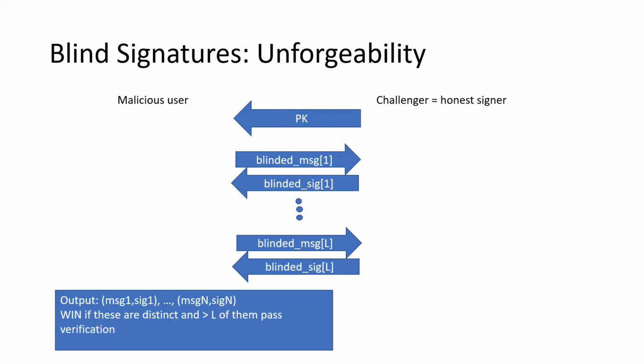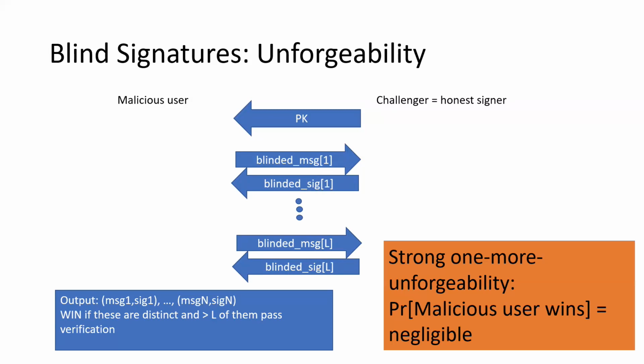Then this malicious user outputs message-signature pairs. The user wins the one-more unforgeability game if he manages to output more message-signature pairs than the queries he's made to the signer. It's called strong one-more unforgeability if all of the messages are distinct.